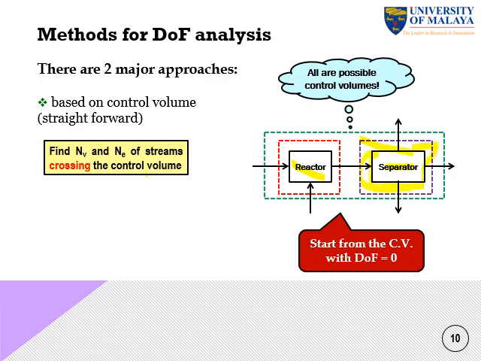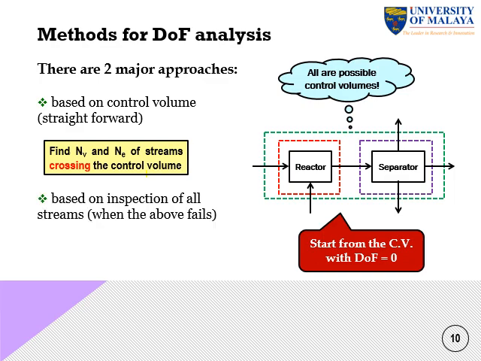But if you look at the process as a whole, the big green box there, then you concern yourself with all the streams crossing the box. In the middle here, you don't care, because you only look at the streams crossing the control volume.